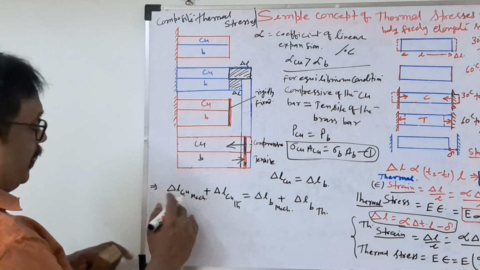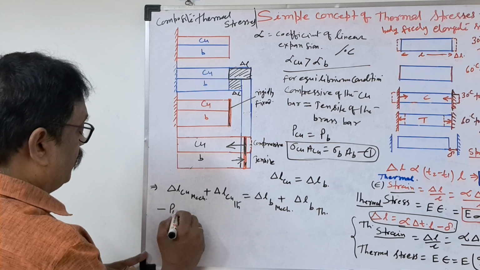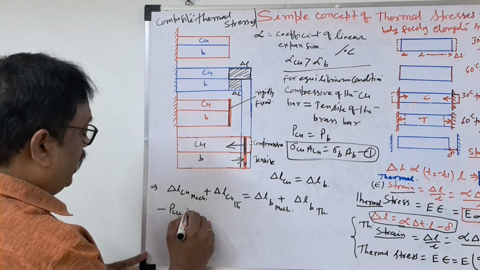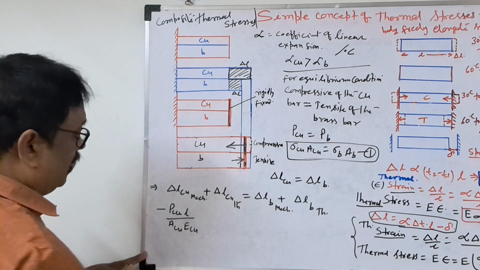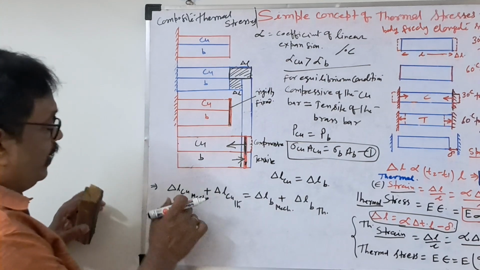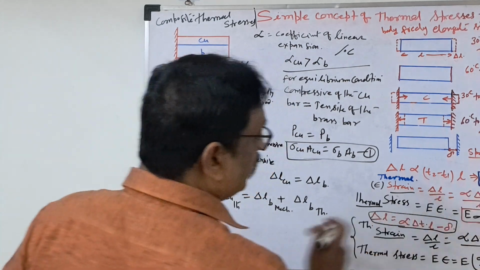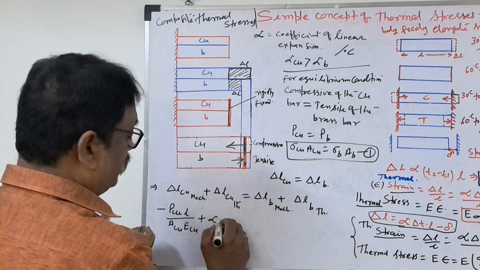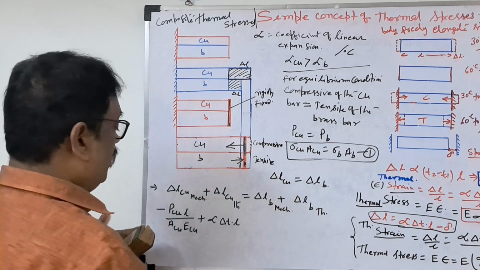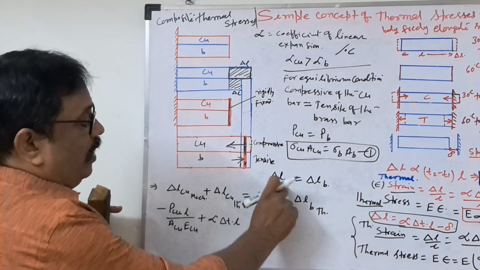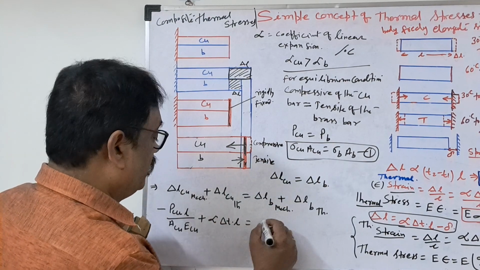Now what I told, mechanical elongation, this is due to the copper bar, compressive force will develop, P Cu L by A Cu and elastic constant E Cu, PL by AE. This is called mechanical elongation. Plus thermal elongation, what is? Alpha delta TL. That is coefficient of linear expansion, temperature difference into L. This came for elongation of the copper bar, mechanically and thermally, equal to similar things here.